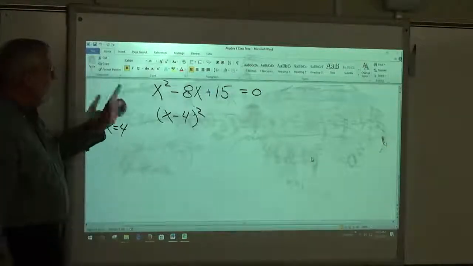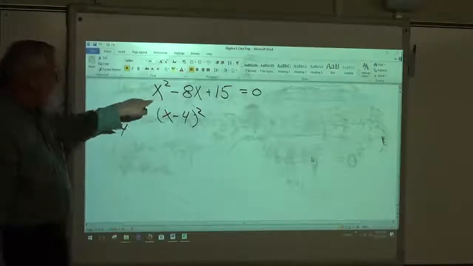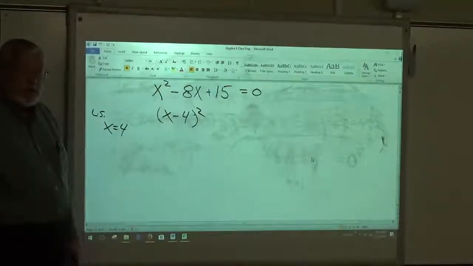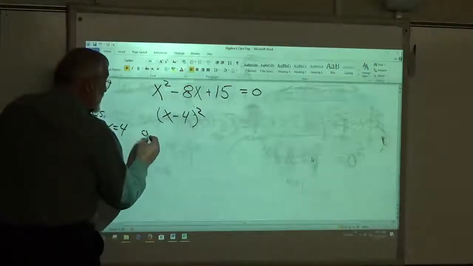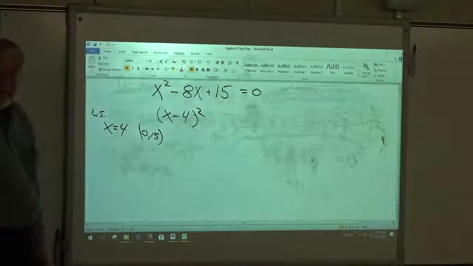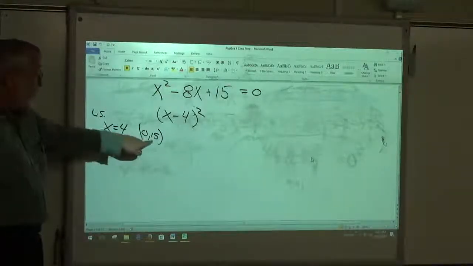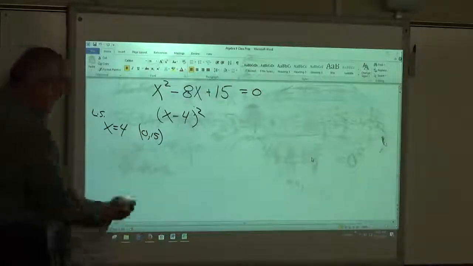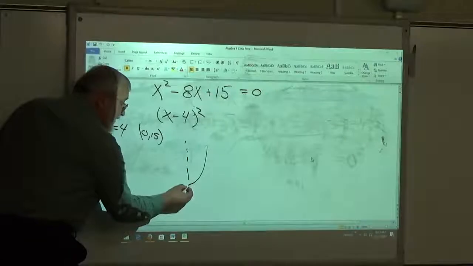Right. Okay? Now, in this problem, what happens when x is 0? 15 is a point on the graph. Right? Now, how far apart is 4 from 15? So what they've done is they have this here.